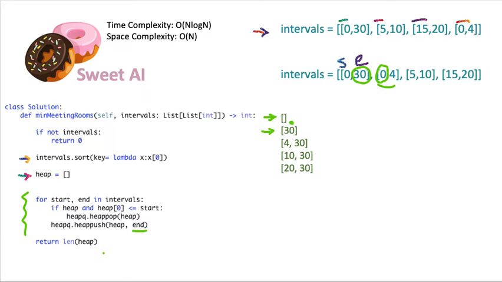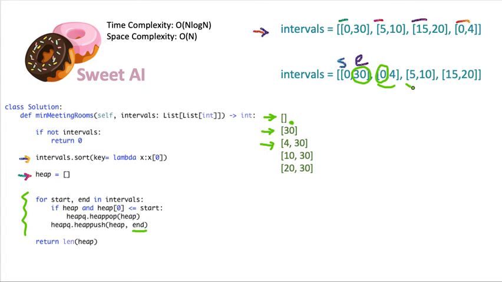No, it is not. So we cannot go through this if condition, and we add 4 to the heap. As I told you, the heap keeps the minimum value at index 0. So now we have 4 here and 30 after.